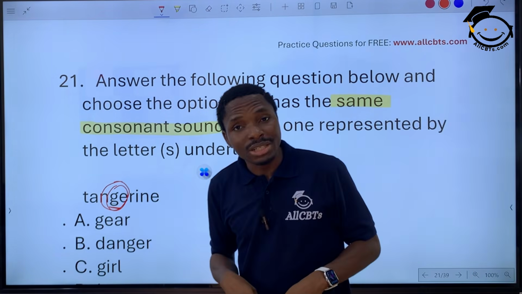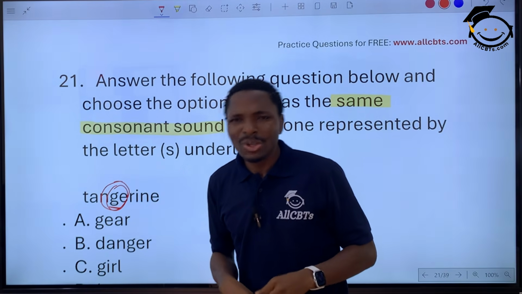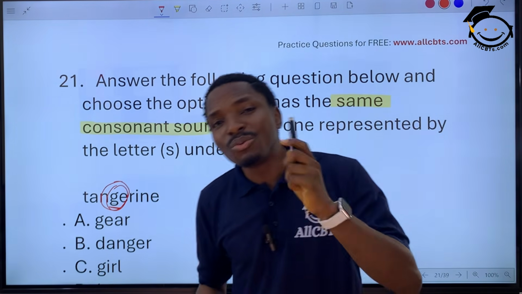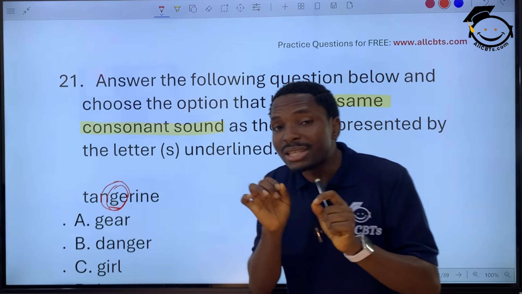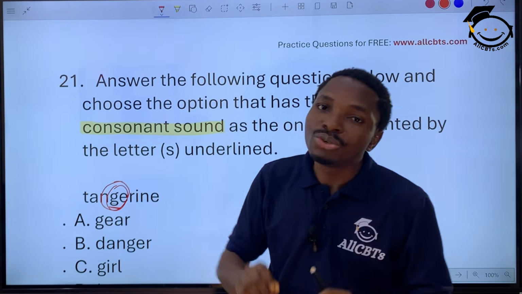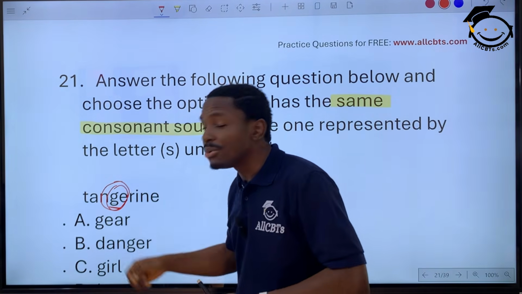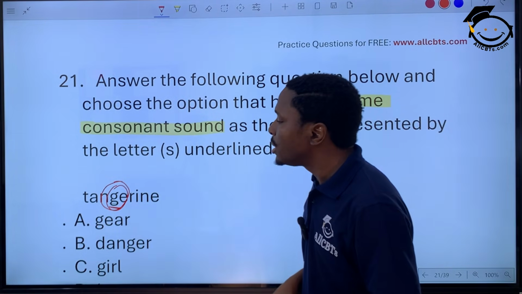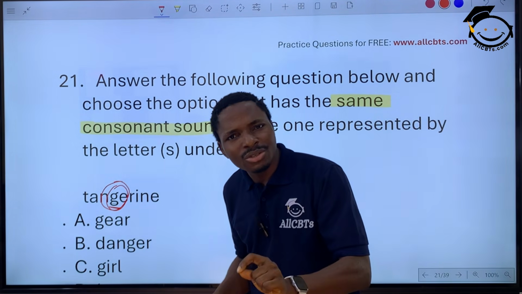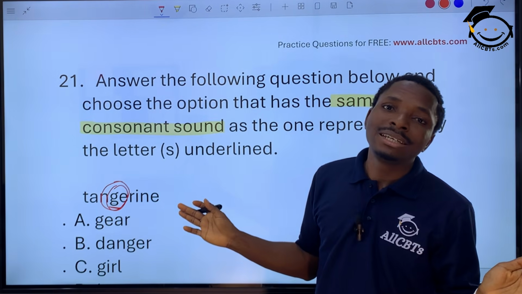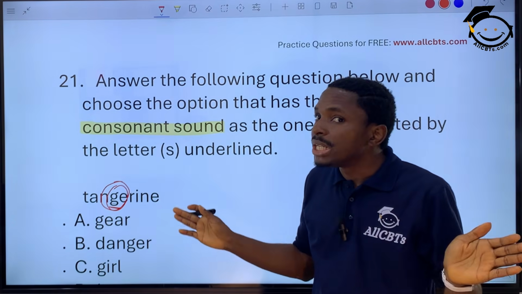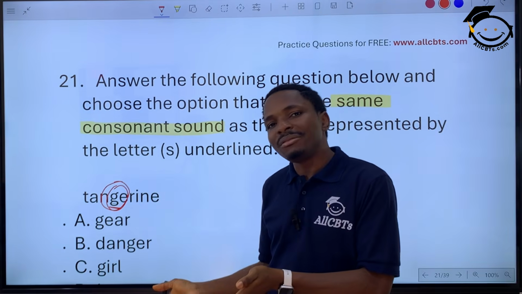This is tangerine. Now, if you don't know how to pronounce certain words, you won't be able to pick the sounds correctly. And then you'll get the question wrong because you pick the wrong option. Some persons will mispronounce tangerine.